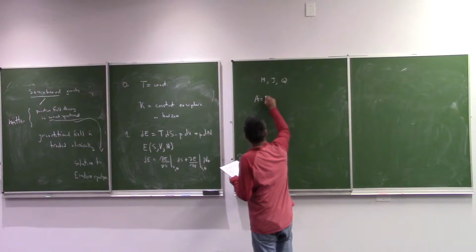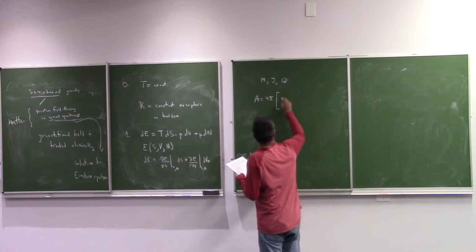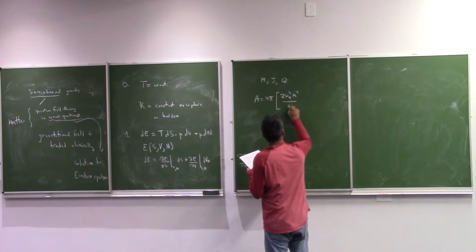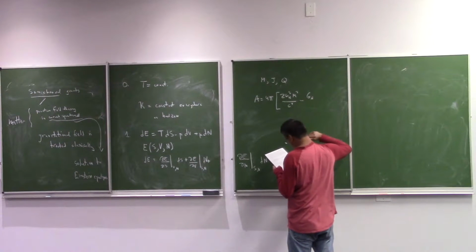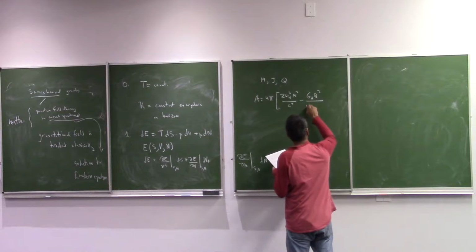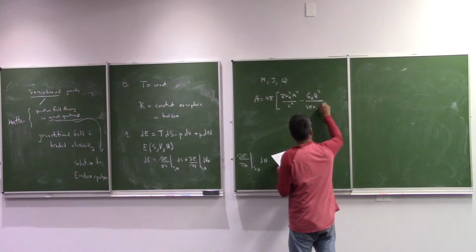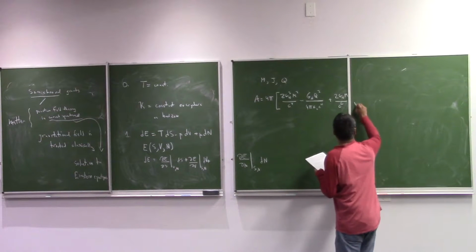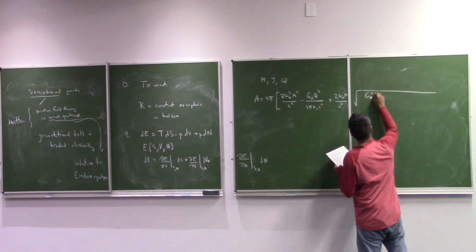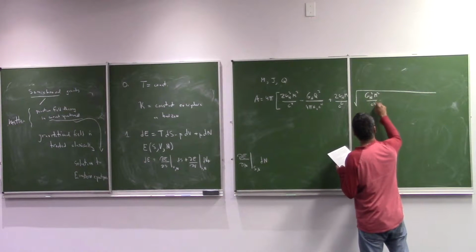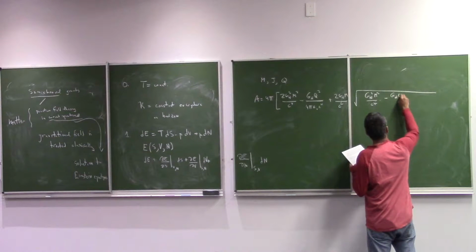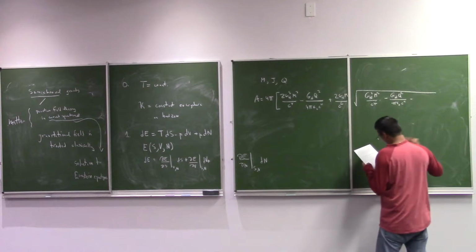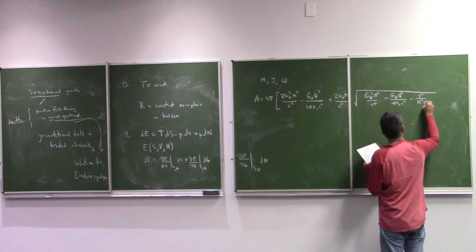So the area is equal to 4π, I'm working in 4 dimensions, [2 G_N² M²/c⁴ − G_N Q²/(4π ε₀ c⁴) + 2 G_N M/c² times the square root of (G_N² M²/c⁴ − G_N Q²/(4π ε₀ c⁴) − J²/(M² c²))].